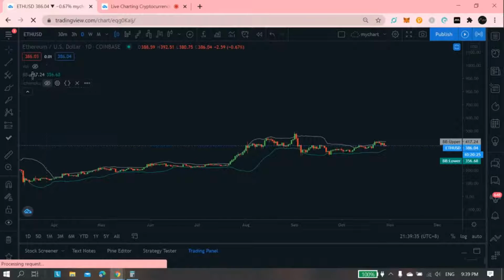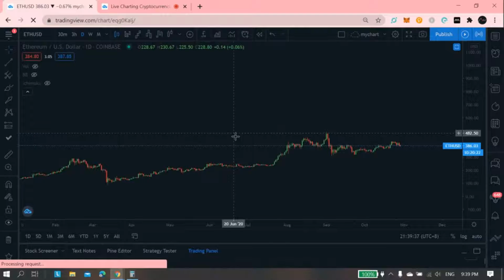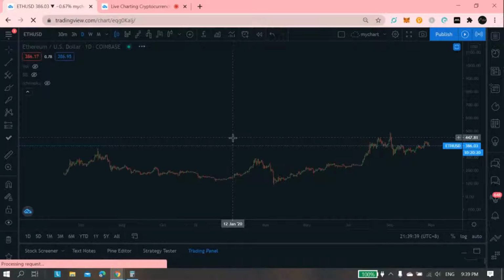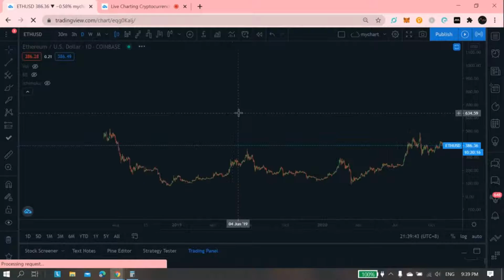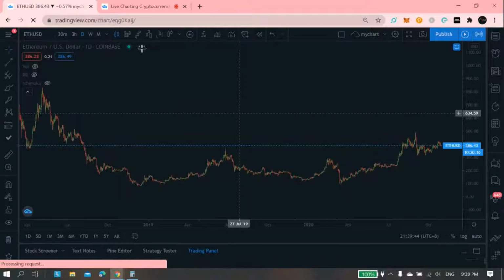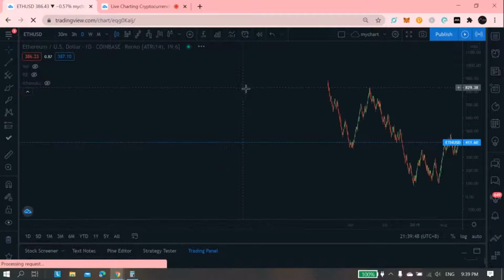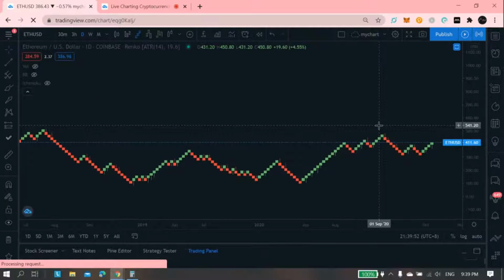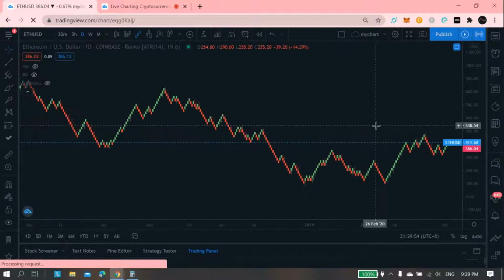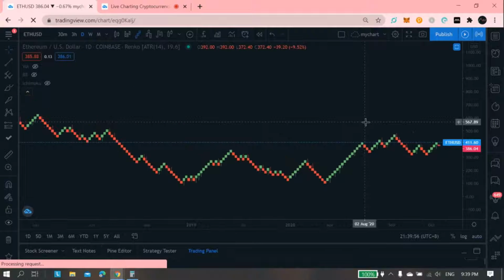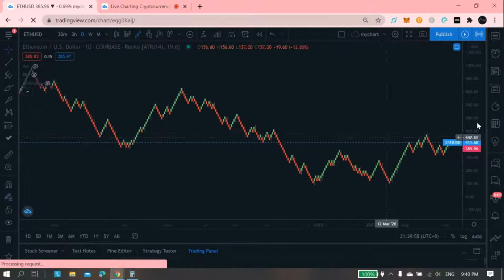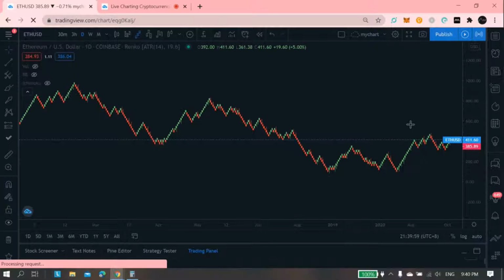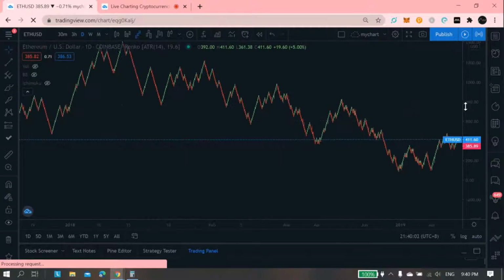Let's hide this Bollinger Band. Wait, let's look at this. Currently forming a bearish Renko chart.